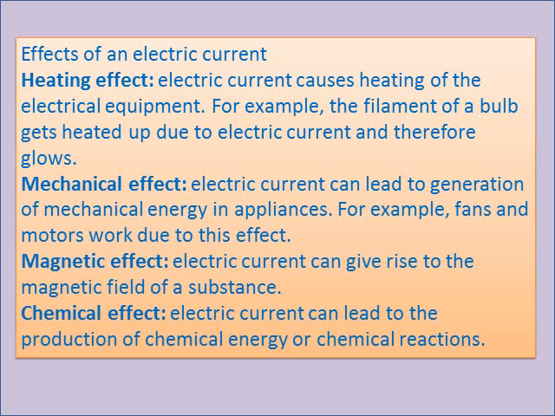For example, the filament of a bulb gets heated up due to electric current and therefore it glows. And you all know that the electric iron which you use to press your uniforms works on the principle of conversion of electrical energy into heat energy.